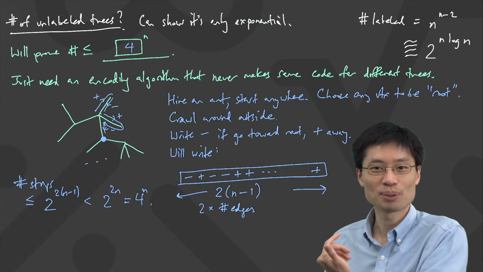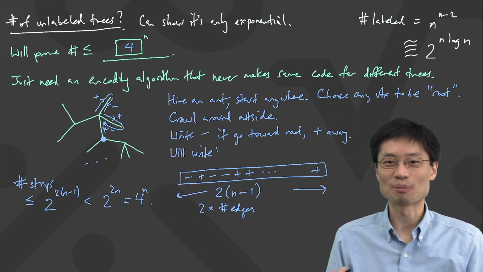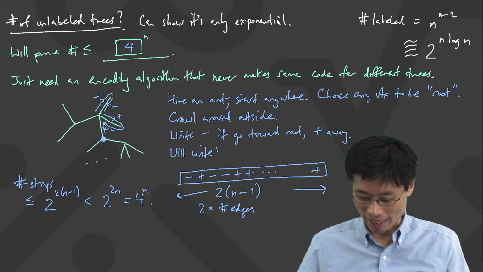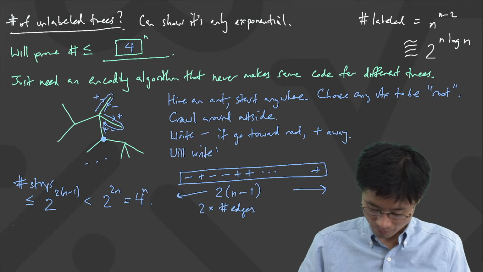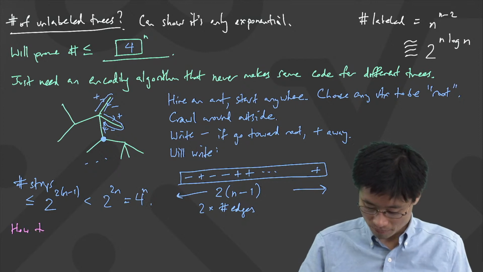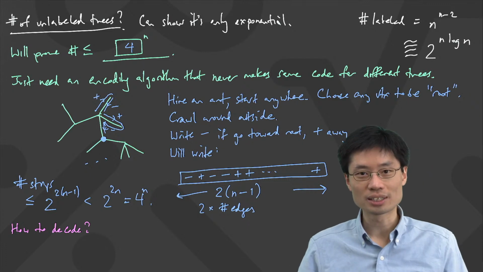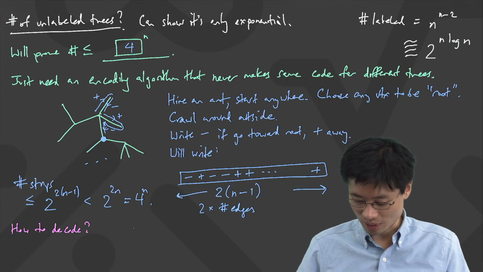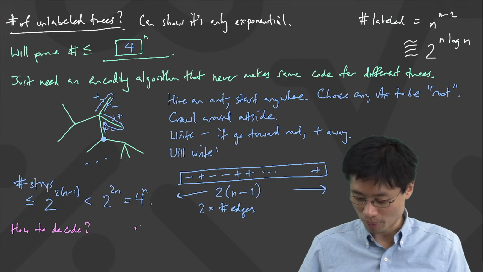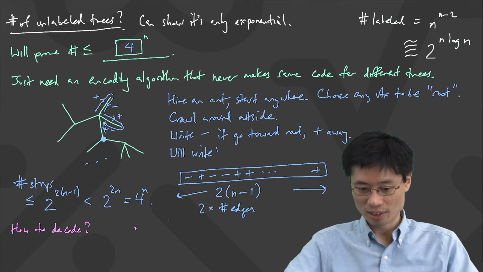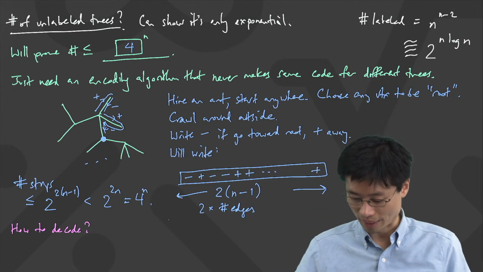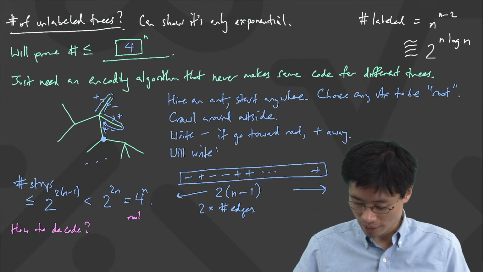Well, you just play the ant. So the point is, if you wanted to get this back, how do you decode? Well, all you do is, I'm just like an ant. If I have a minus, actually to decode, I'll draw it this way. I'll say that the root is on the top.